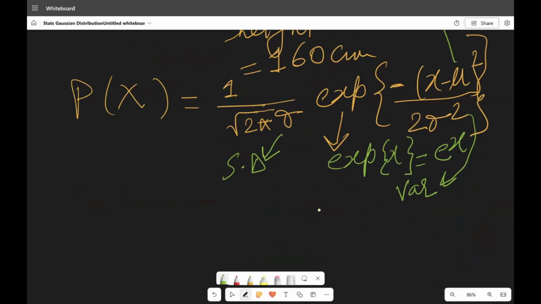So a random variable with a Gaussian distribution is said to be normally distributed and it's called a normal deviate. Of course, this looks very daunting on the surface, but I will simplify this for you.